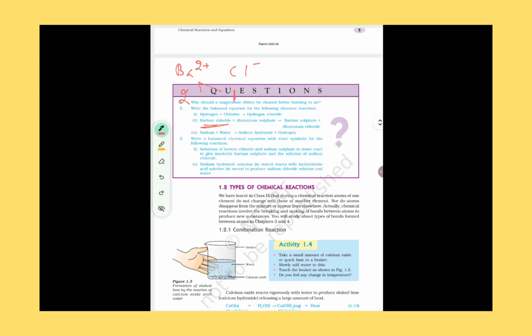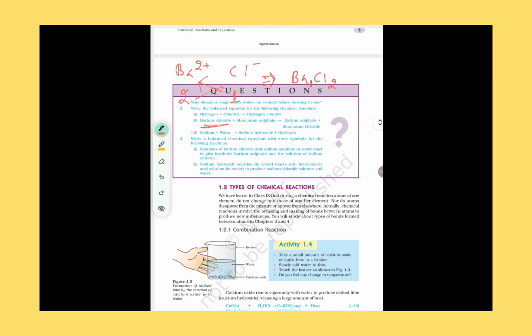Now crisscross. In most chemical formulas, the cation is written first by removing the charges, Ba, and whatever number is coming is written here in subscript. Now the anionic part is written later by removing the charges, and 2 will become with this.